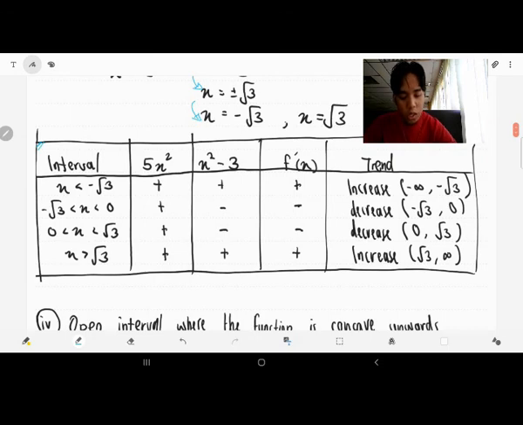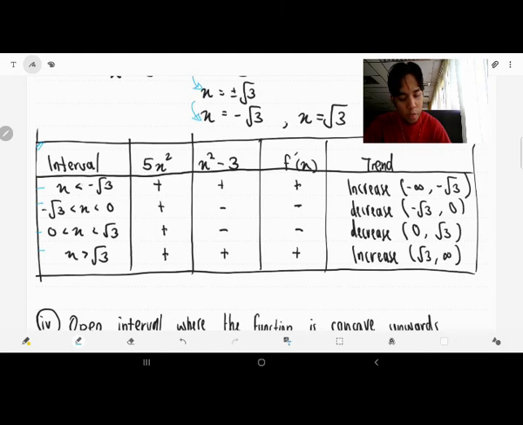After that, we make the table of the intervals like this. We have the interval, 5x^2, x^2 minus 3, and f prime x. We have to do it like this to find f prime x.